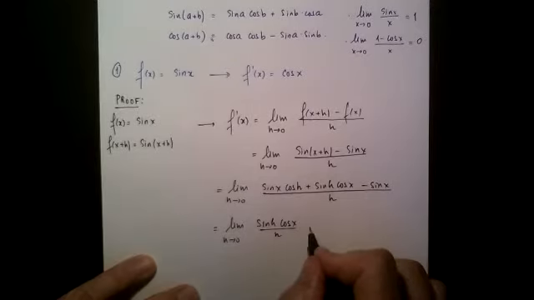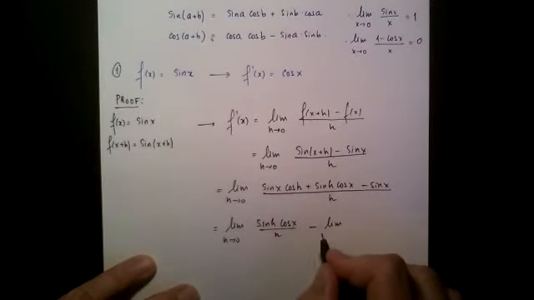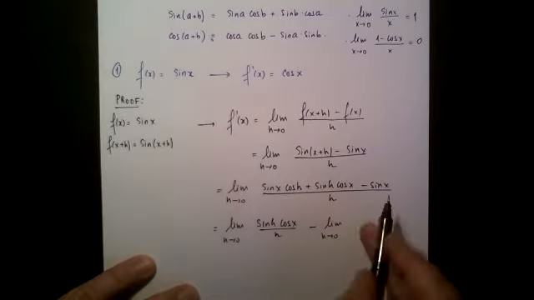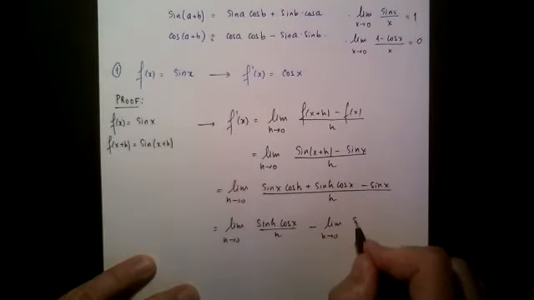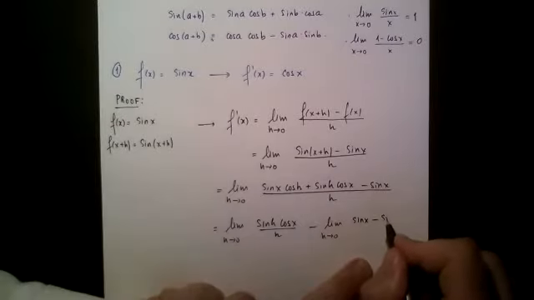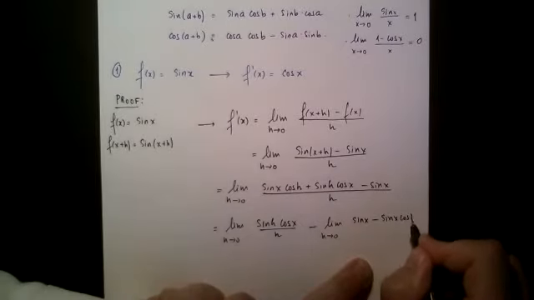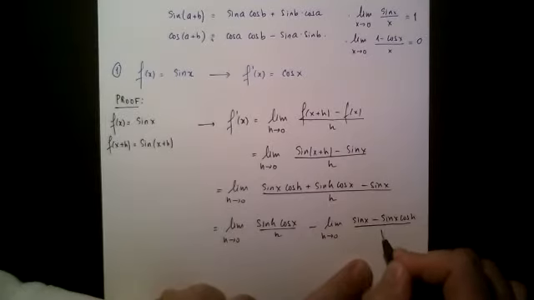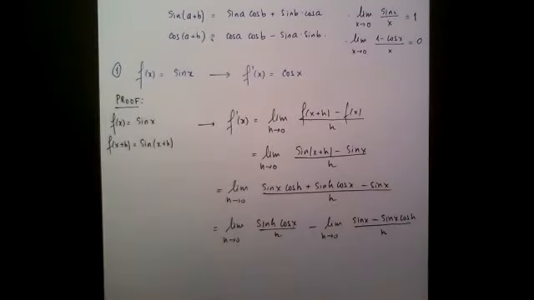And then I'm going to go minus the limit as h approaches 0 of sine x minus sine x cos h over h. If you look carefully, this one is a bit trickier because there's a minus. So minus sine x, here it is, and minus minus becomes plus sine x cos h, here it is.